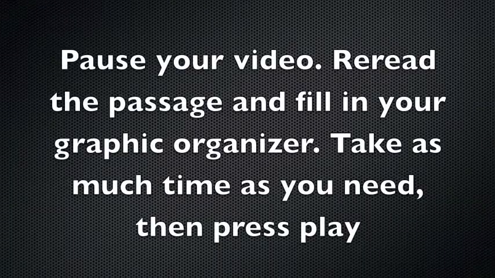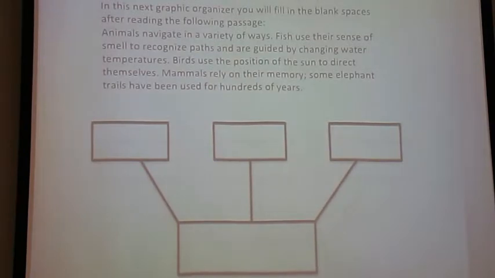Let's fill in the main idea and details from the passage that we just read. Find the graphic organizer labeled Animals on your paper. Did you find it? Yeah? Awesome. Now go ahead and fill in the main idea and supporting details. Let's go over the graphic organizer to make sure you filled it out correctly.